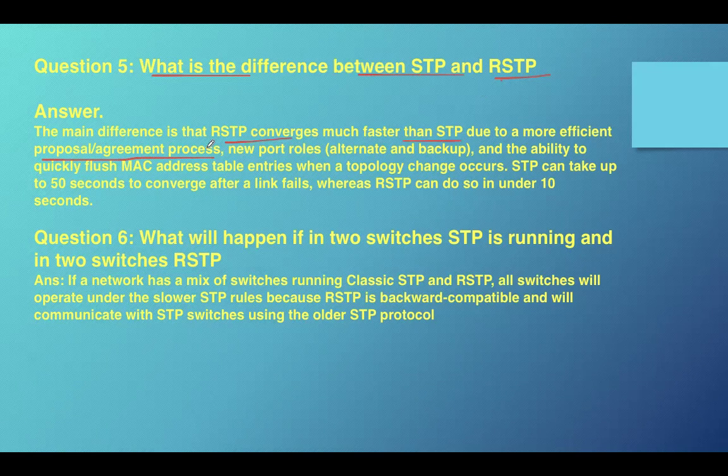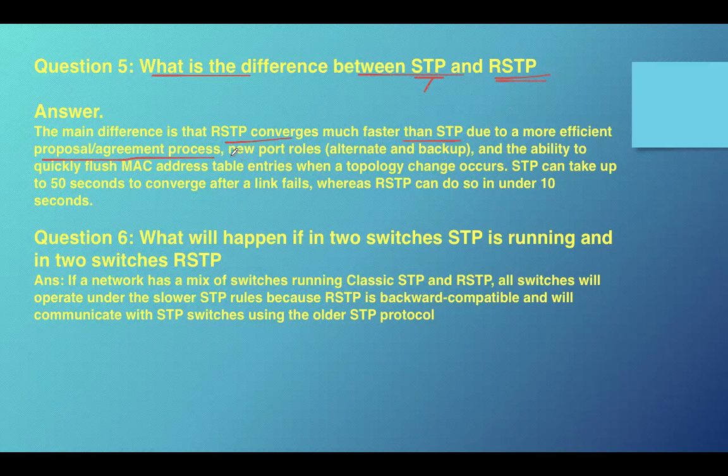On top of that, in RSTP each switch can generate the configuration BPDU. In STP, only the root bridge can generate the BPDU. But in RSTP, each switch can generate the BPDU.